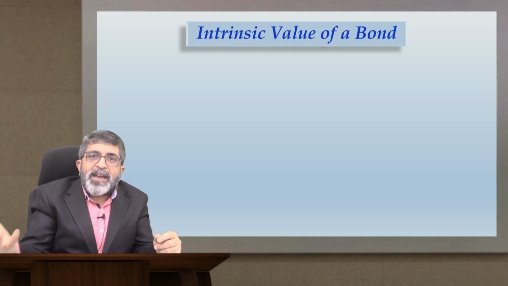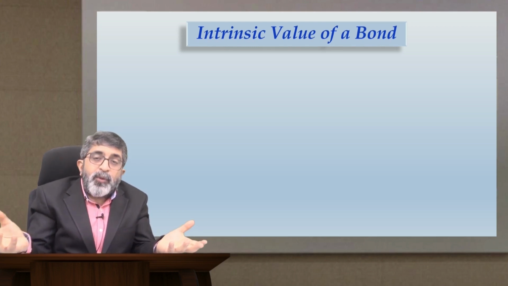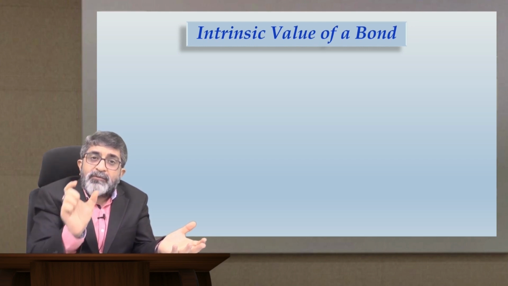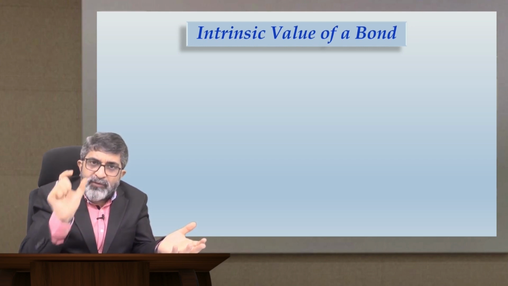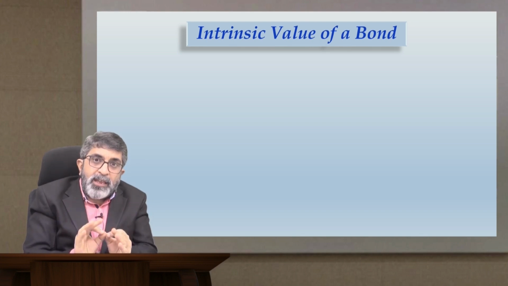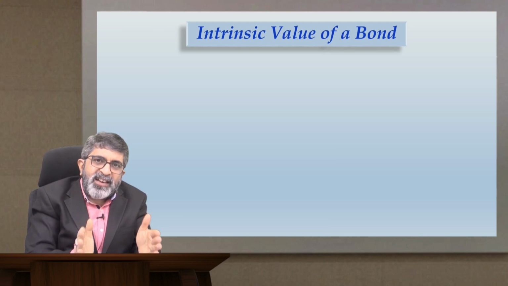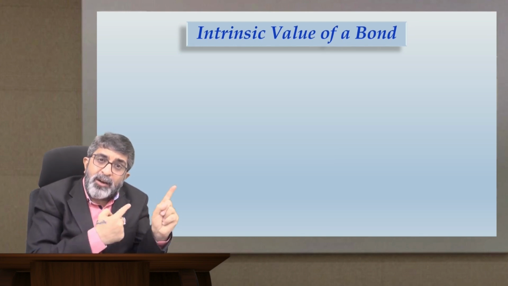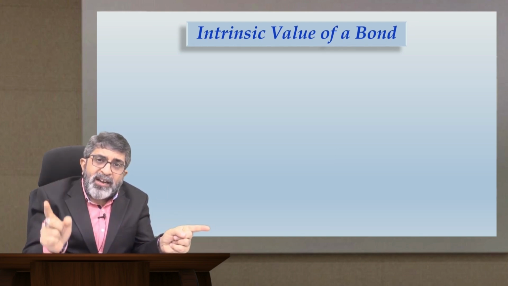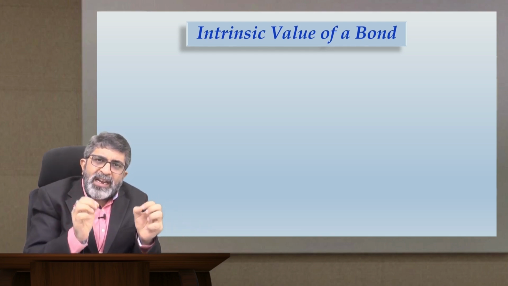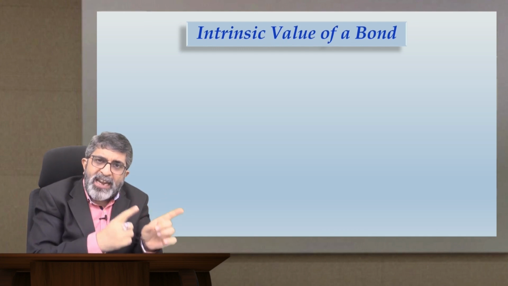When you go for fair valuation of any asset, for a fixed income security like a bond, we call that value the intrinsic value. So keep in mind one thing: when YTM is used as the discounting rate, the present value will indicate the current market price, but when required rate of return by the investor is used as the discounting rate, the present value will indicate the intrinsic value of the bond.